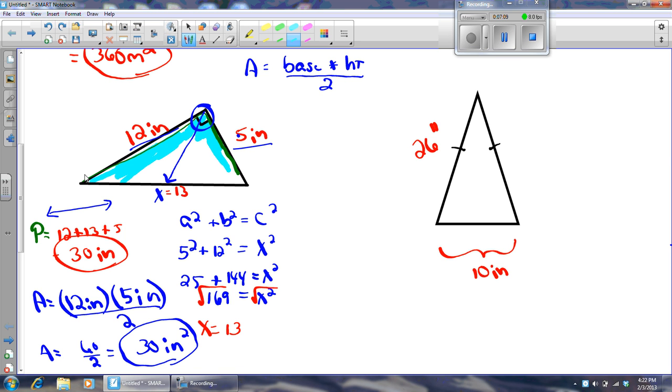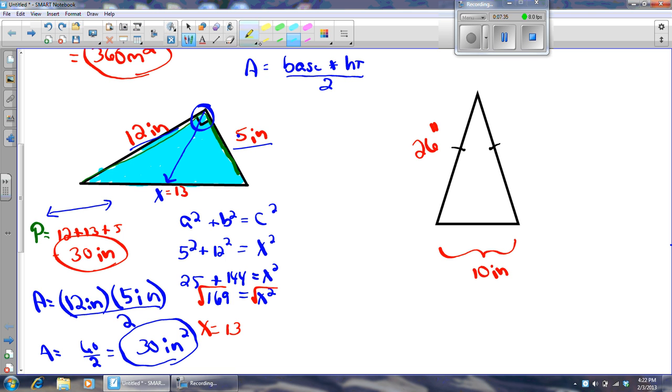Like, for example, the amount of paper it takes to make the sheet of paper is a measurement of area, the space inside. If I have a picture frame, the frame is like the perimeter, but the size of the picture is the area, if it's an 8 by 10 or something like that.